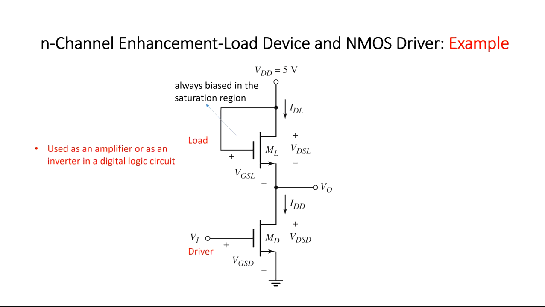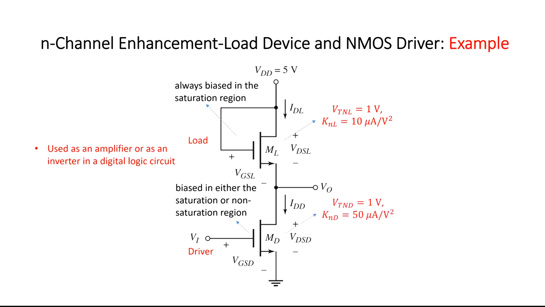The driver transistor can be biased in either the saturation or non-saturation region. Assume that the parameters for the load transistor and driver transistor are given. The output voltage needs to be calculated for two different values of the input voltage.